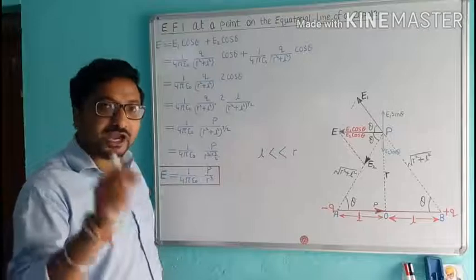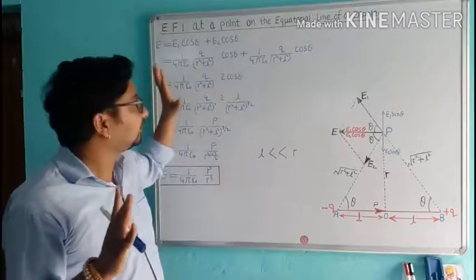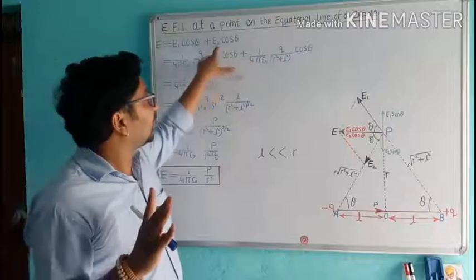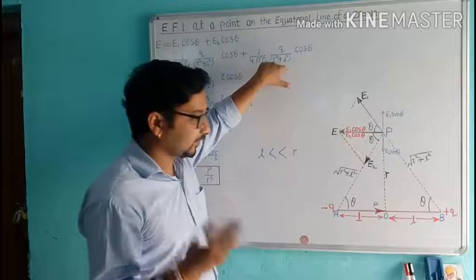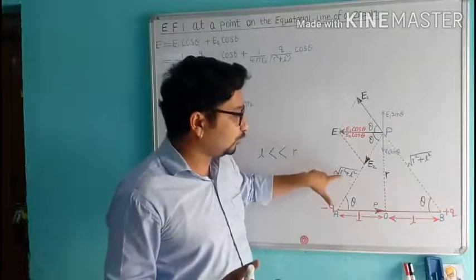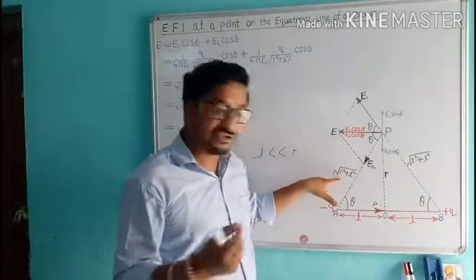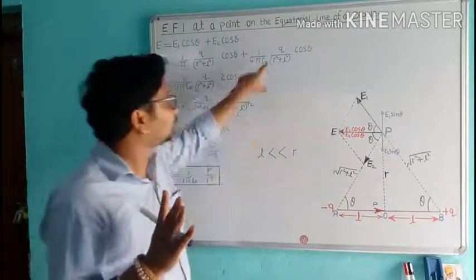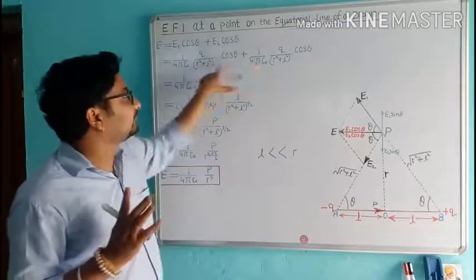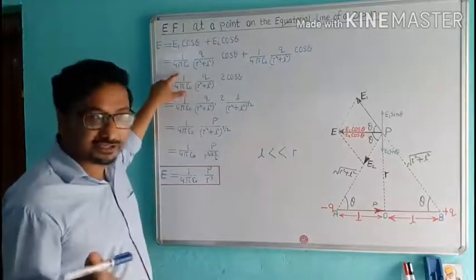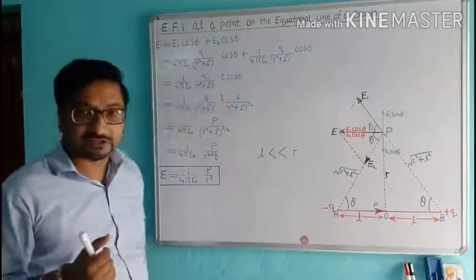Root and square cancel each other, so we get R square plus L square, cos theta, plus again E2 cos theta, 1 upon 4 pi epsilon naught, Q upon distance square, which is again R square plus L square, cos theta. Both are the same, so we just add algebraically: 1 upon 4 pi epsilon naught, Q upon R square plus L square, 2 cos theta.